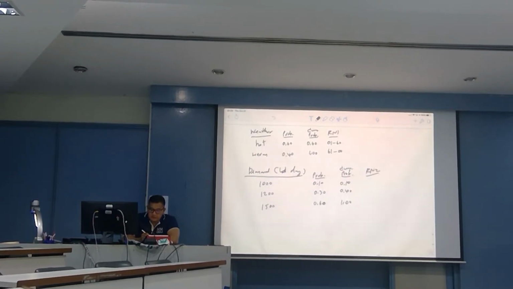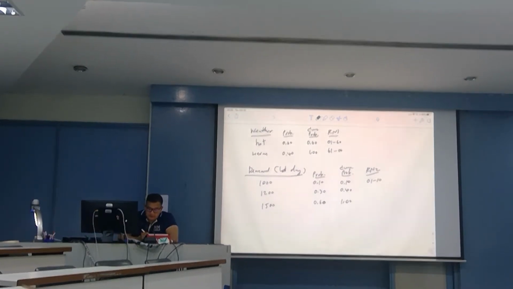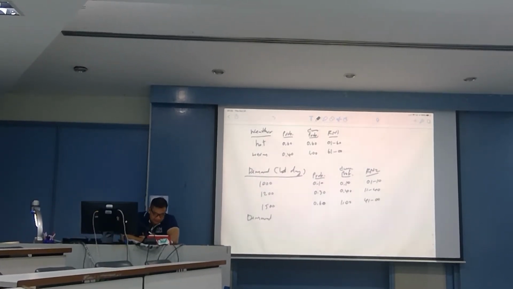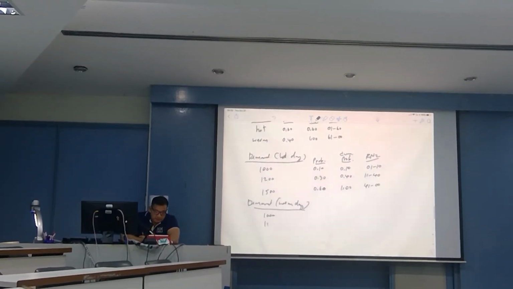So I2 will be the random number interval for demand. Now for 1 to 10, 11 to 40, 41 to 100. We shall have another one. It's the demand for warm day. And again, it's 1,000, 1,200, 1,500.